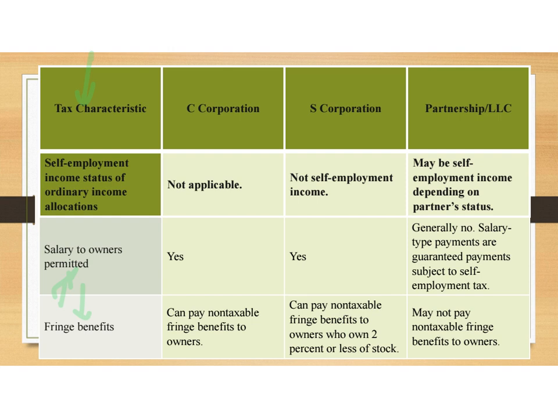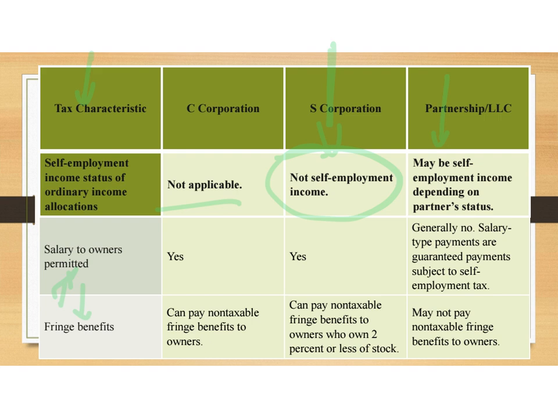Obviously, self-employment income is not applicable to C corporations. The interesting thing is that S corporation income is not self-employment income. With partnerships and LLCs, remember, depending on the partner status, it might be self-employment income. But for S corporations, it is not considered self-employment income.